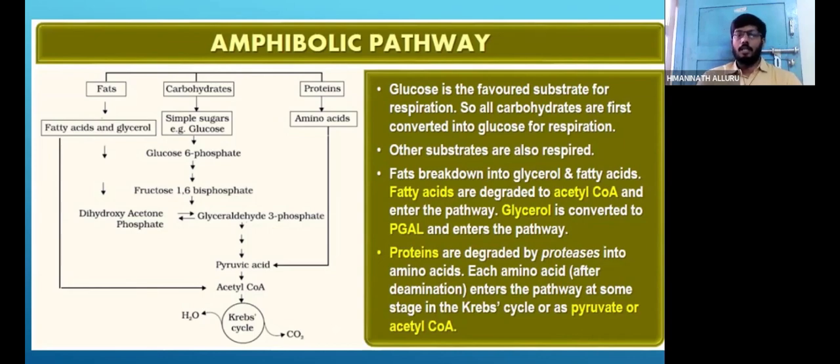It is not exclusively a catabolic process, where anabolism also occurs, because various molecules either get taken into the glycolysis or withdrawn from the glycolysis. Both anabolism and catabolism are done, so we call it an amphibolic pathway.